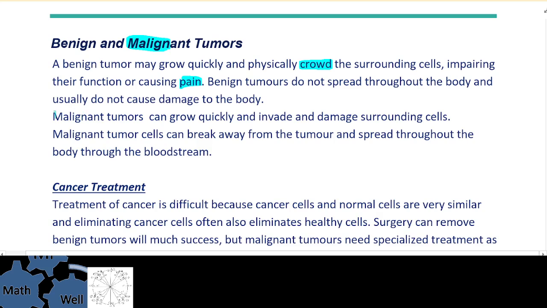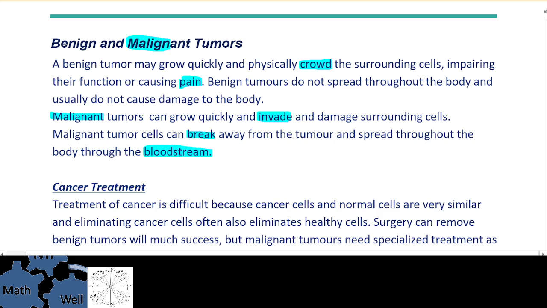Yeah, malignant. You want to write malignant right here. Malignant tumors grow quickly and invade, the other term that's missing in your notes, and damage surrounding cells. Malignant tumor cells can break away from the tumor and spread throughout the body through the bloodstream.